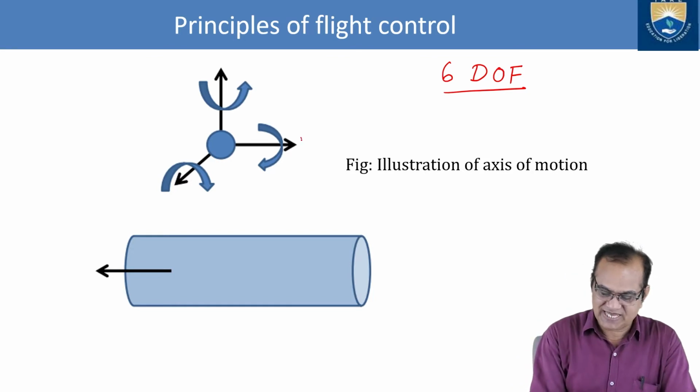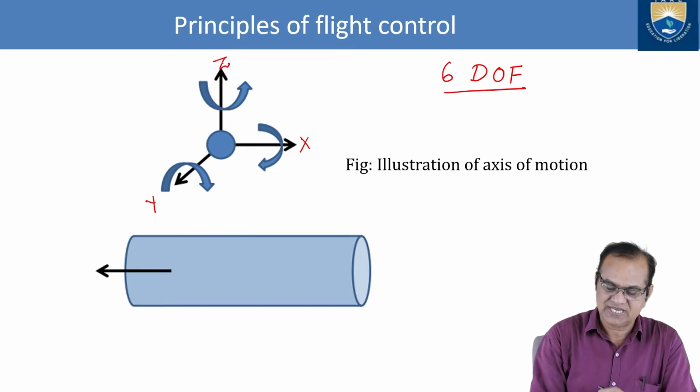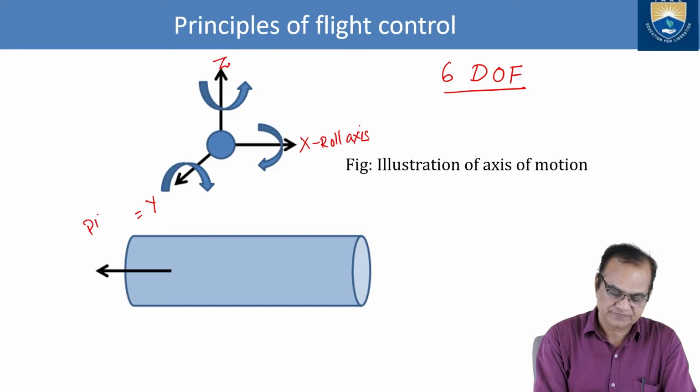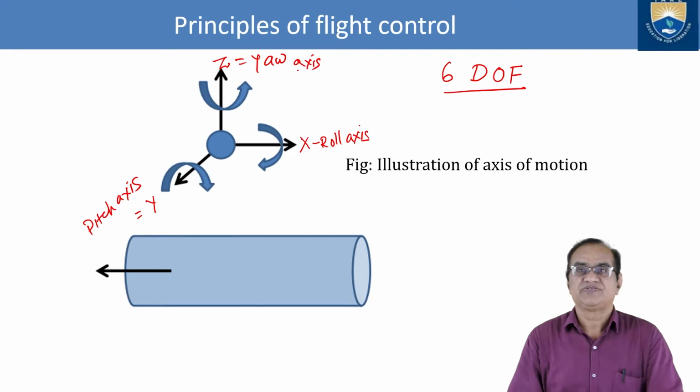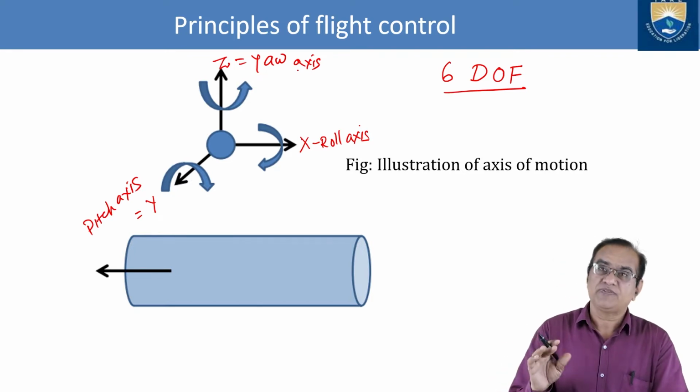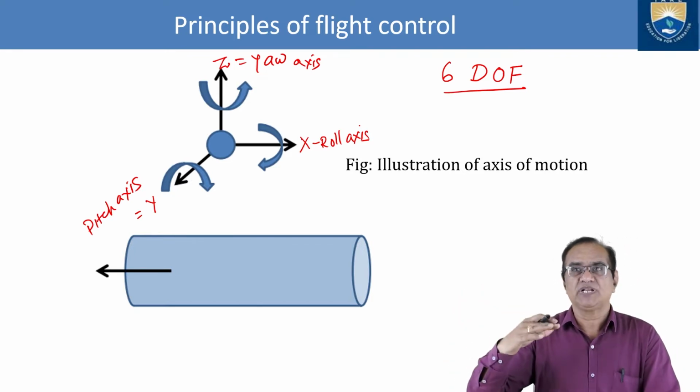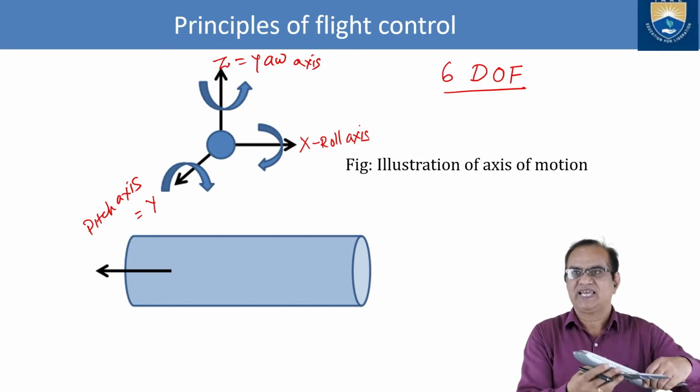You can see this is the x-axis, this is the y-axis, and this is the z-axis. The x-axis is also called the roll axis, the y-axis the pitch axis, and the z-axis the yaw axis. So these are the three axes. If the motion is linear, it can go along x like this.